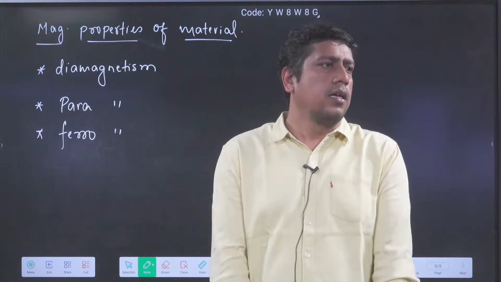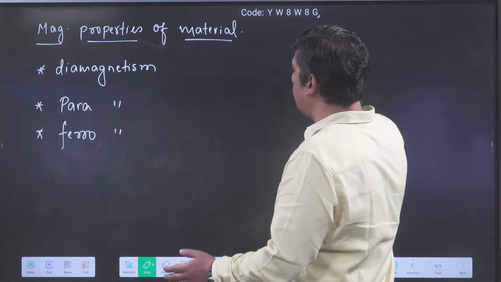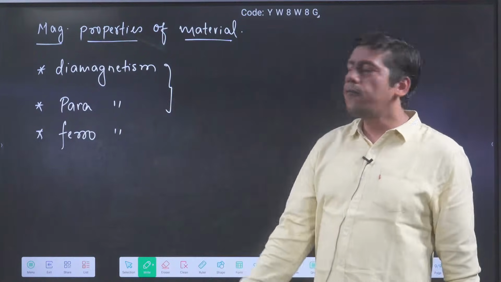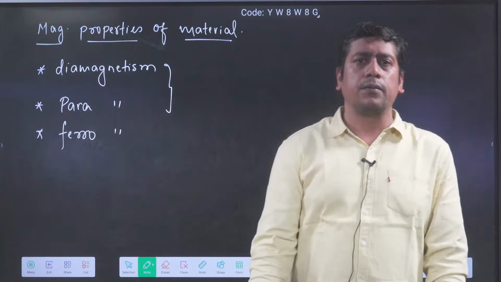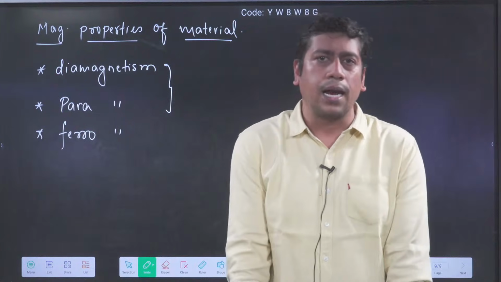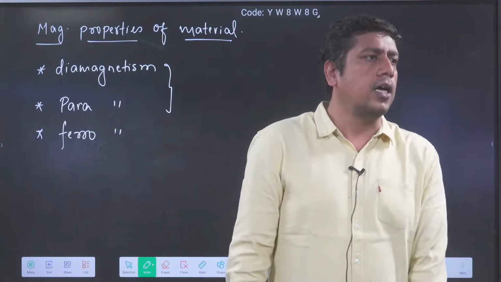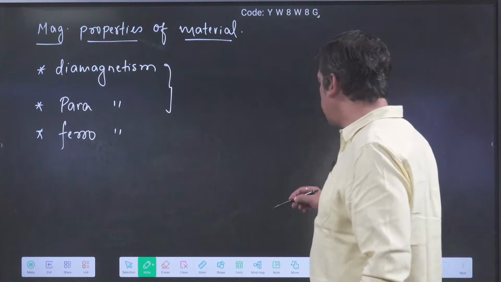So let's study what diamagnetism and paramagnetism are. First of all, we will discuss these two, and we will find ferromagnetism is nothing but an extreme case of paramagnetism, an amplified case of paramagnetism. Start at the atomic level.